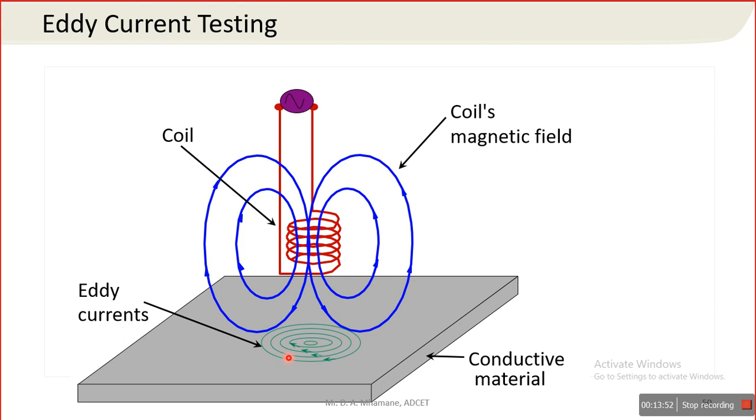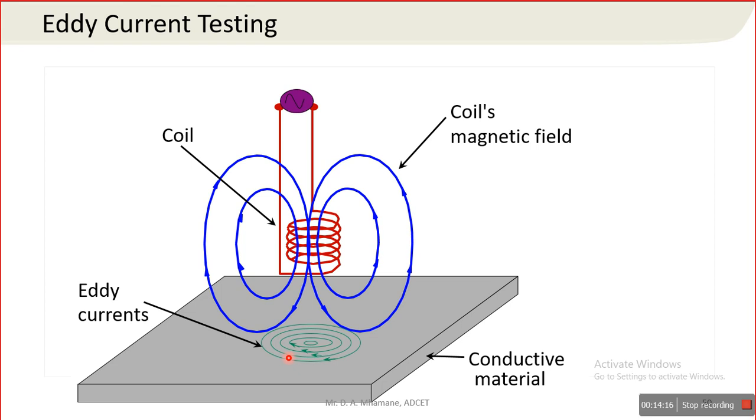As the eddy current is disturbed, it again produces a magnetic field in the opposite direction, and it changes phase as well as amplitude. That amplitude and phase is measured during this testing method, and then the inspector will conclude with the actual inspection report whether there is a defect or not.